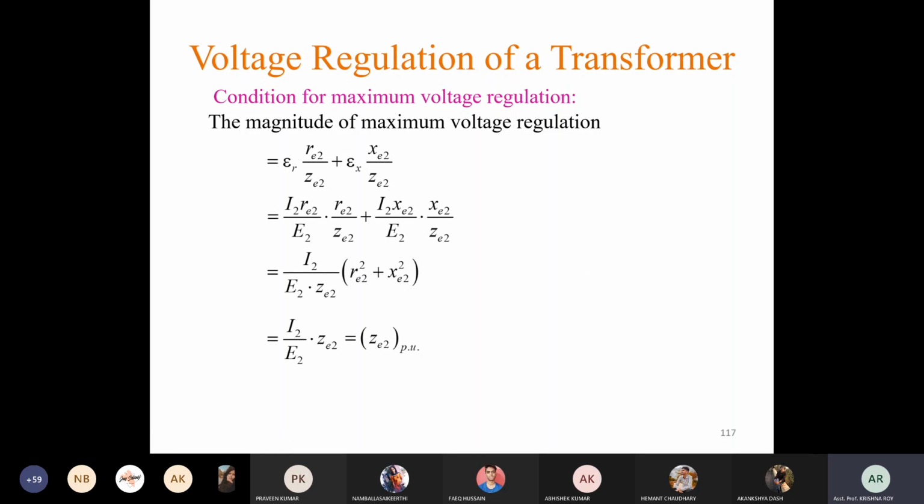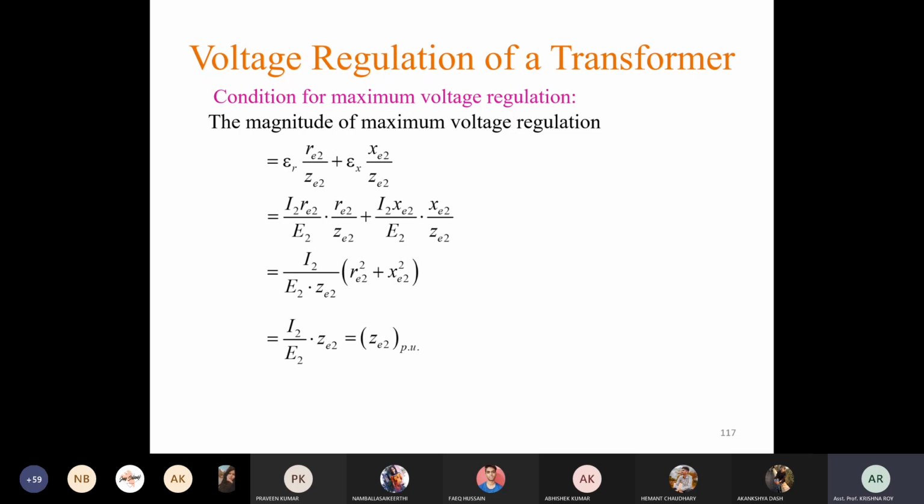So that is one more advantage of using per unit quantities. If we know the per unit impedance of the transformer, then we can easily say that its maximum voltage regulation will be the same as the per unit impedance, and if we multiply it by 100, then we will get the percentage voltage regulation.